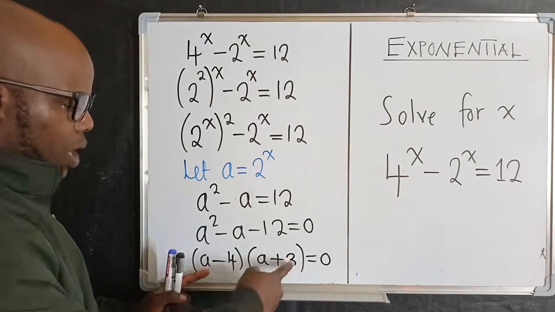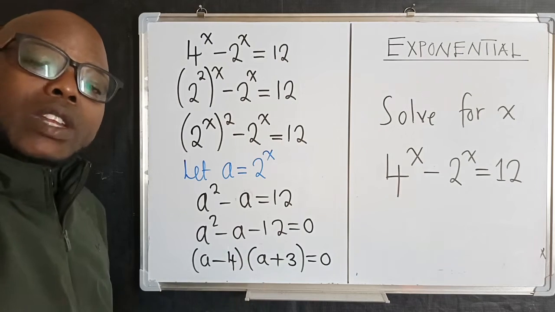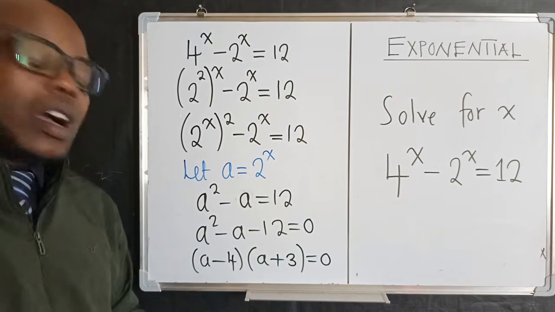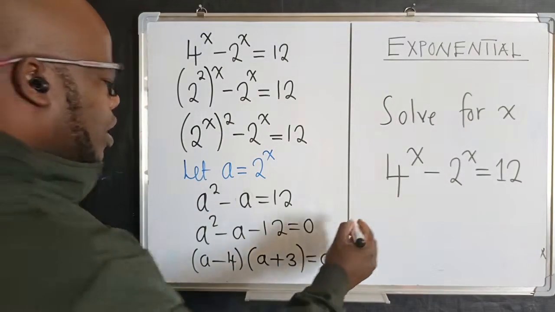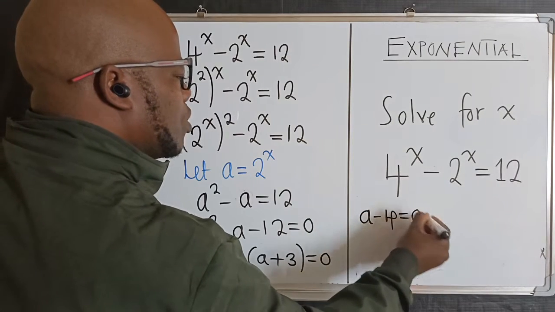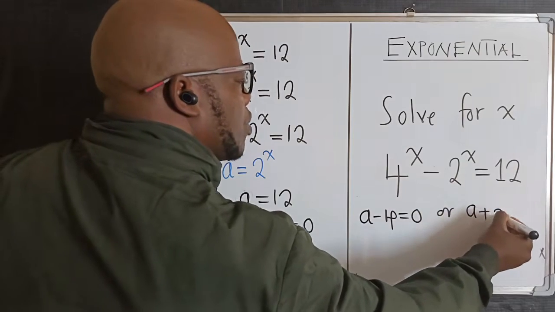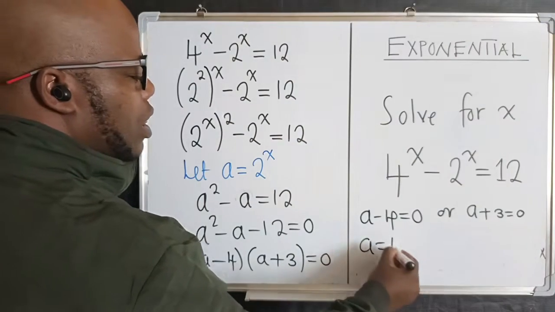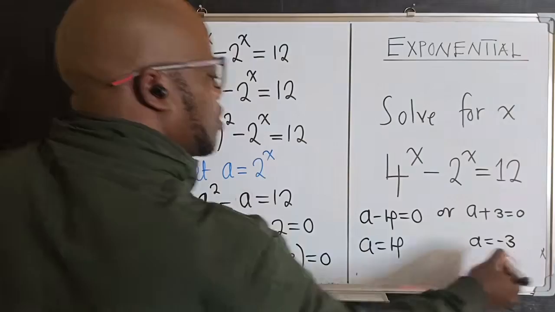When we multiply, negative 4 times 3 gives negative 12, and negative 4 plus 3 gives negative 1. So from this stage, a minus 4 is equal to 0, or a plus 3 is equal to 0. To solve for a, the a value will be equal to 4 here, and the a value will be equal to negative 3 here.